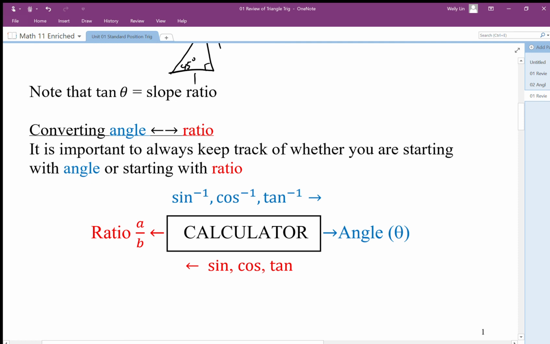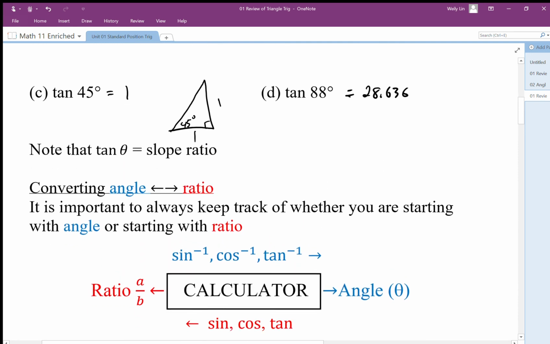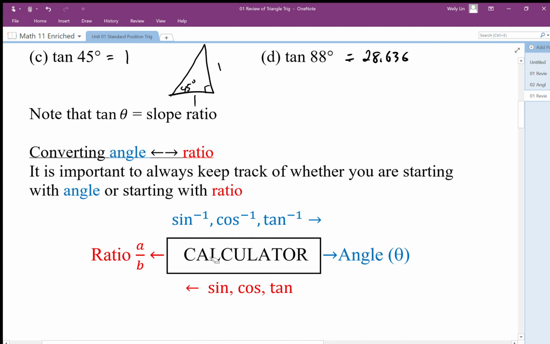Here we started off with angle, and we need to go in this direction. To go in this direction, we need to use sine, cos, tan. But if I were given a ratio, for example a slope of 1, and I need to know the angle, I would need to use the inverse function, the inverse sine, or arc sine, arc cos, arc tan, and go in this direction using my calculator to calculate the angle.